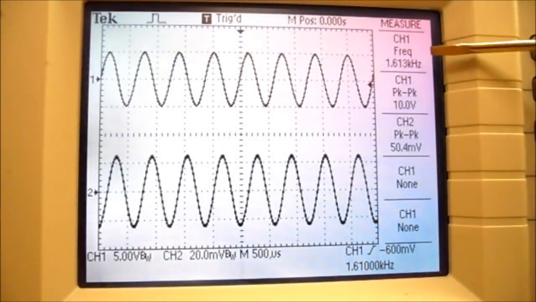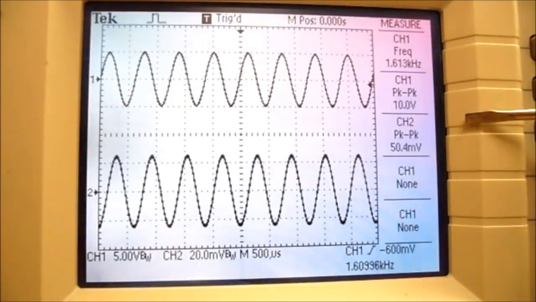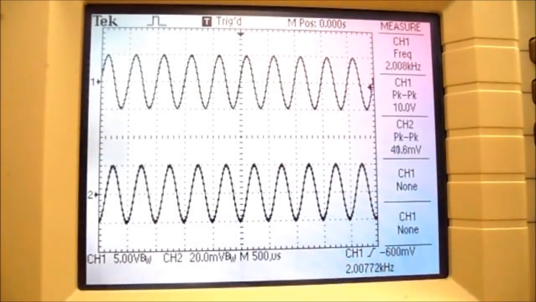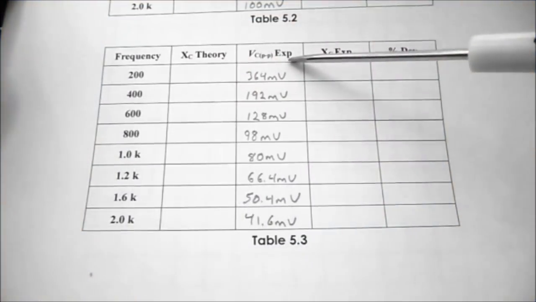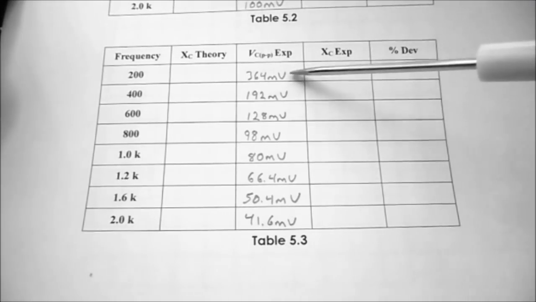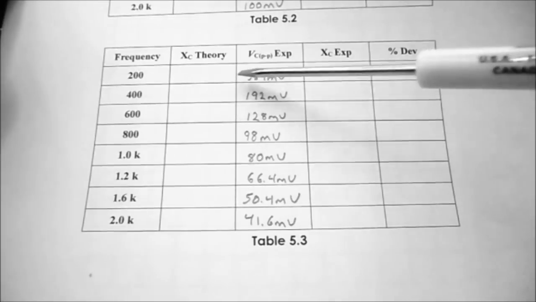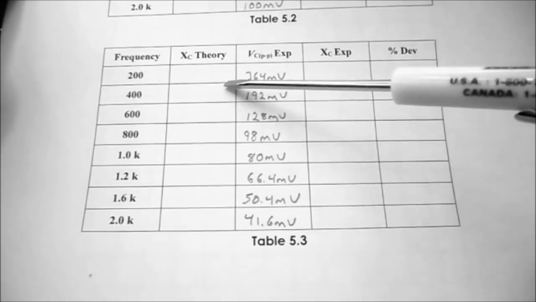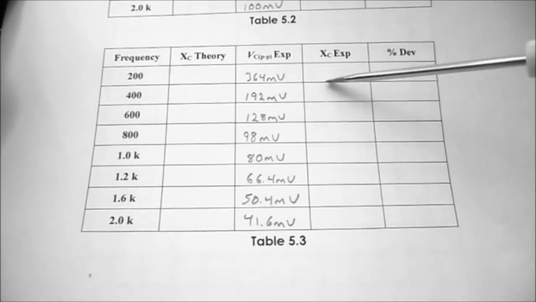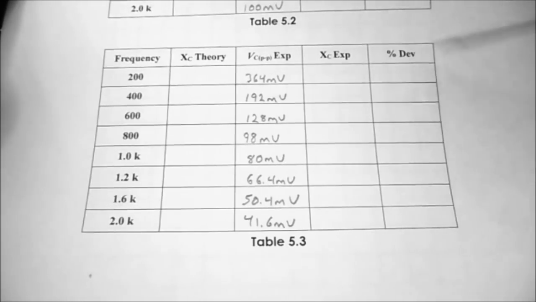At 1.6 kilohertz, 50.4 millivolts. At 2 kilohertz, 41.6 millivolts. Under VC peak-to-peak experimental, I've recorded all my readings. I'll come back later and calculate XC theory, XC experimental, and percent deviation.